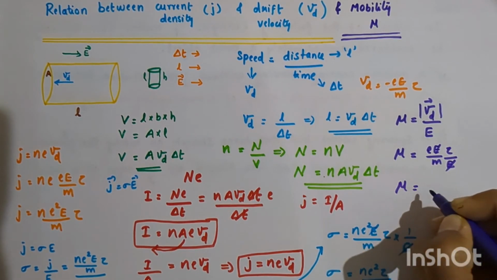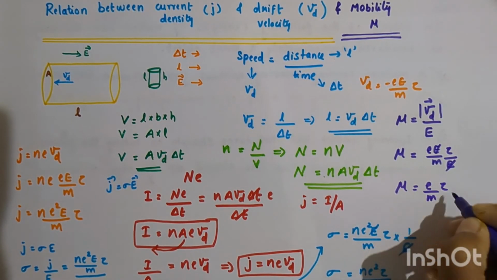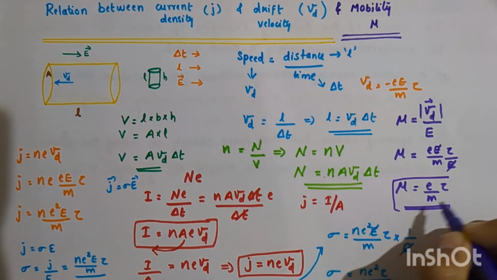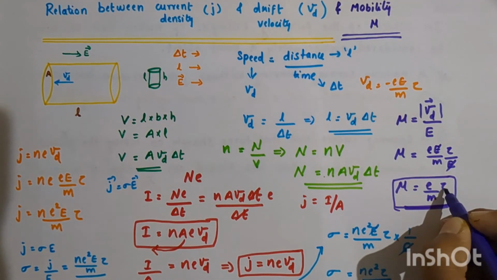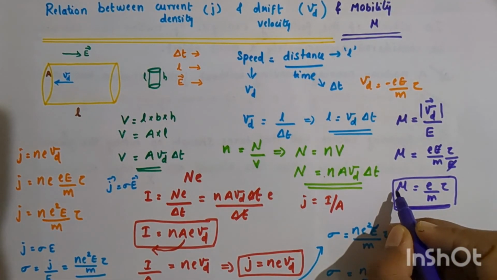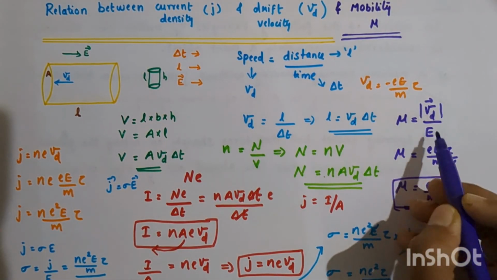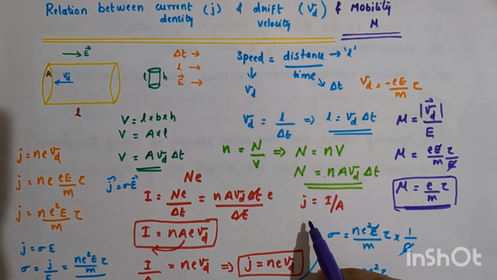So mobility is equal to e tau by m, where mu is the mobility, tau is the relaxation time, e is the charge of an electron, m is the mass of an electron. Tau is the relaxation time, which is the average collision time for electrons.